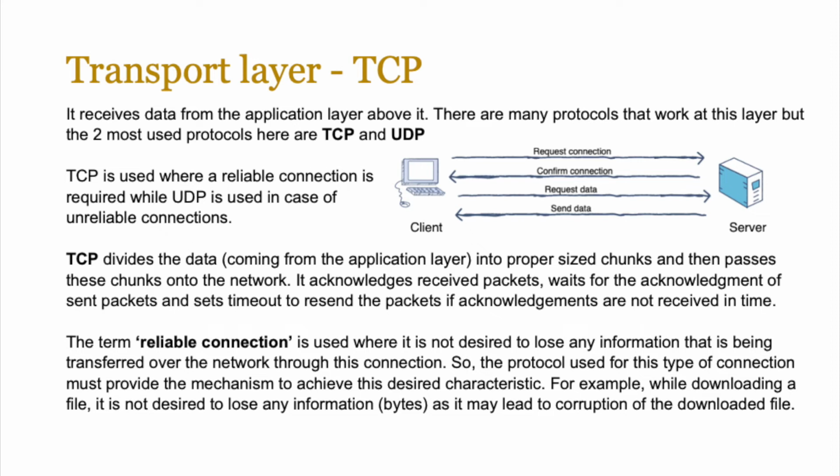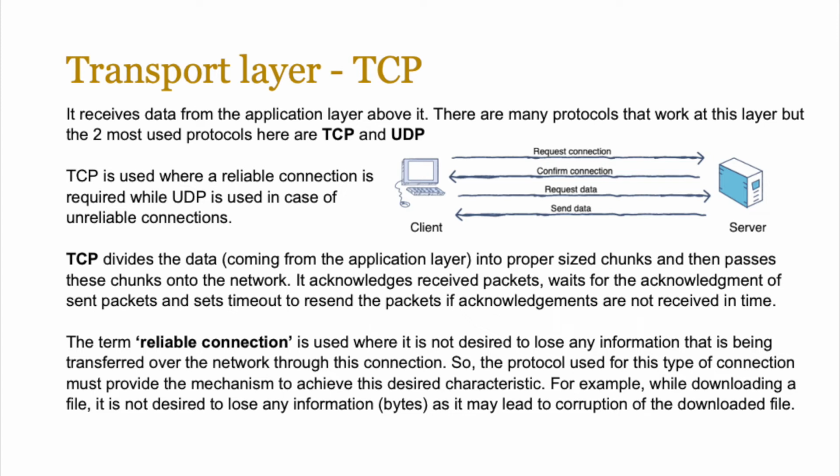So TCP, the transmission control protocol, is used where a reliable connection is required, while UDP, or user datagram protocol, is used in case of unreliable connections. The TCP divides the data, which is coming from the application layer, into proper sized chunks and then passes these chunks onto the network layer.